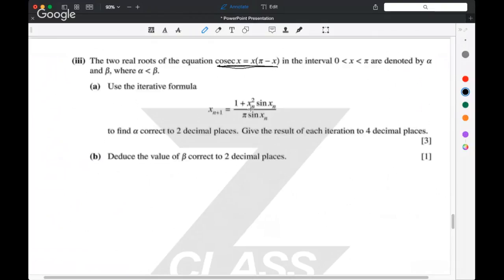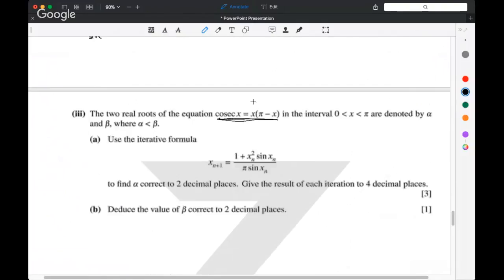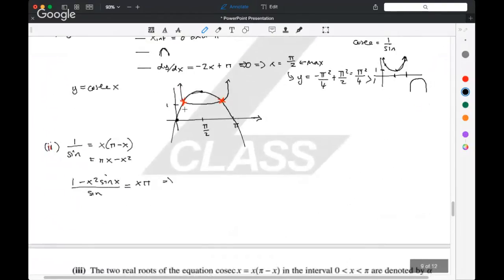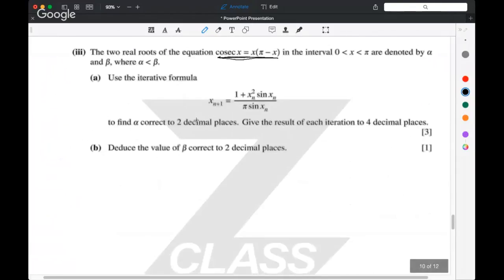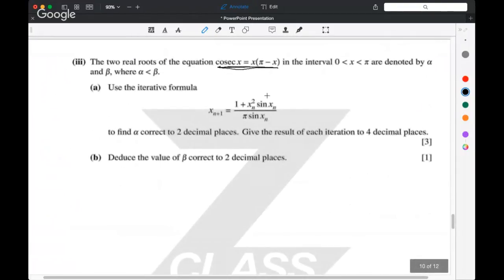So you pick a guess, a reasonable guess based on this. For the first root, you're going to want to pick something smaller than pi over 2, and then you use that as your xn.